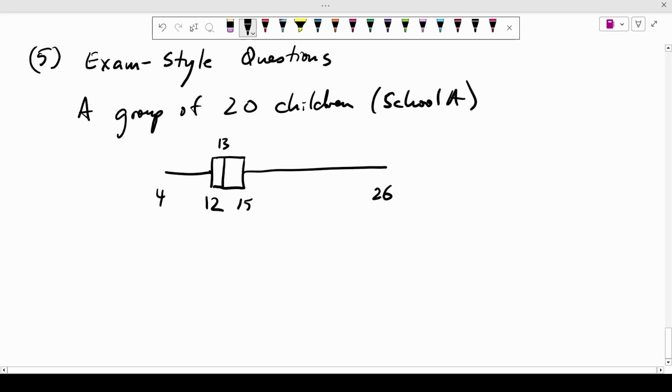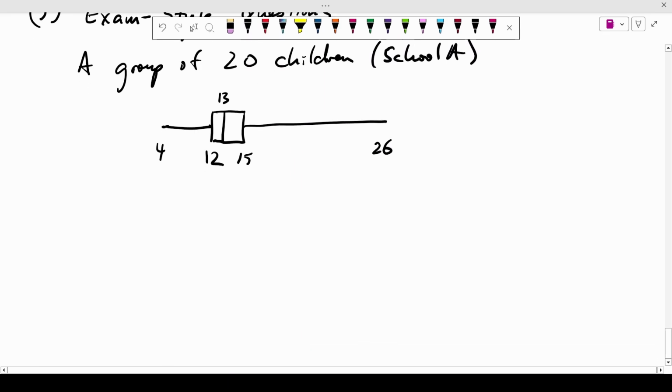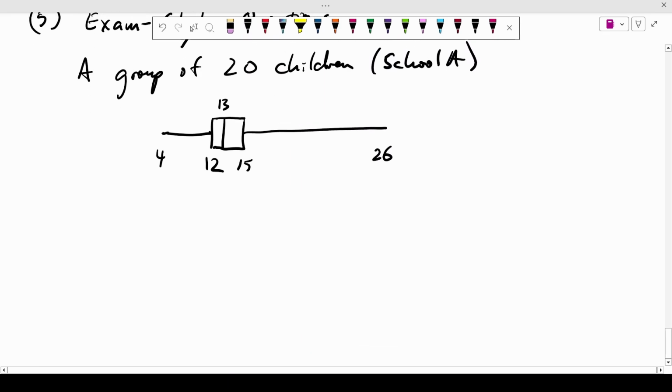And we actually had a very similar question. We actually had to figure out the value of one of these values based on the range. I think we had to find the 26, or maybe we had to find the 4. Doesn't matter.